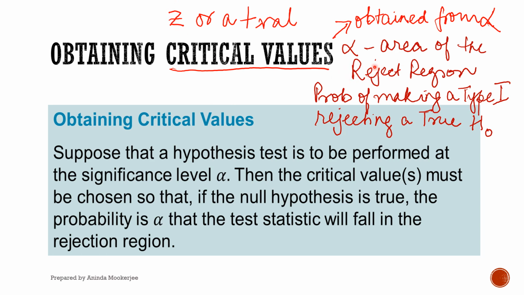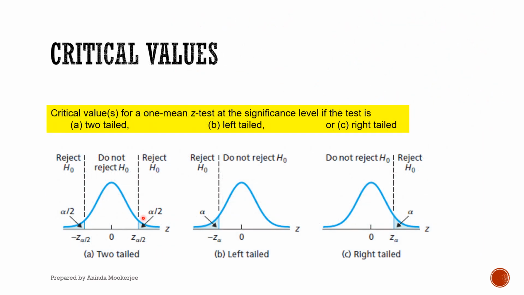If it is a t-test, then we go to our t-table with the appropriate degrees of freedom, df, and find the t value for that particular alpha or alpha by 2, as the case may be. Now once again, here are the three curves for the three possible tail tests for a hypothesis.